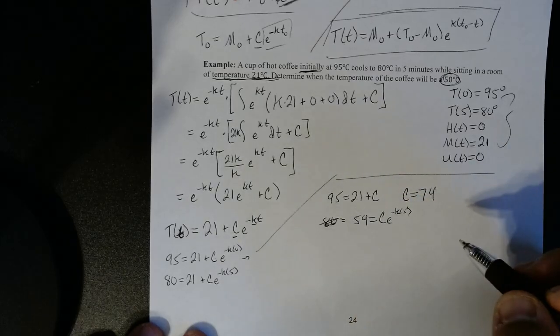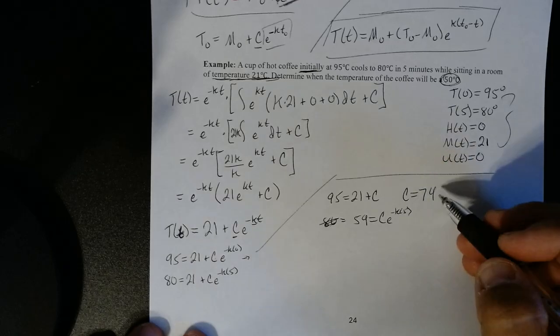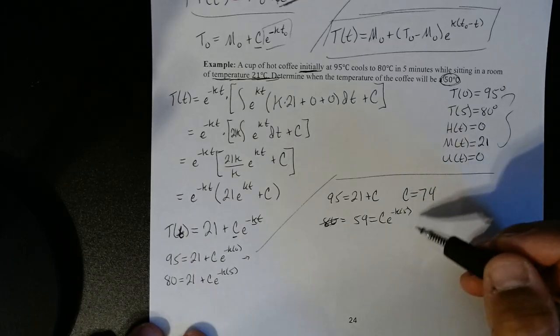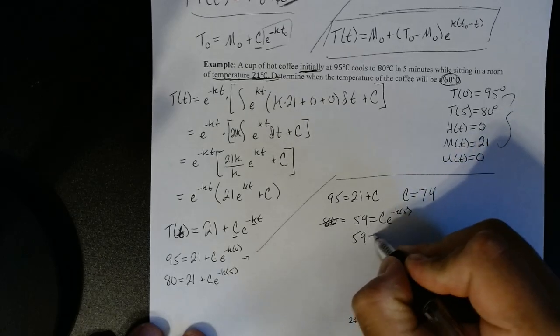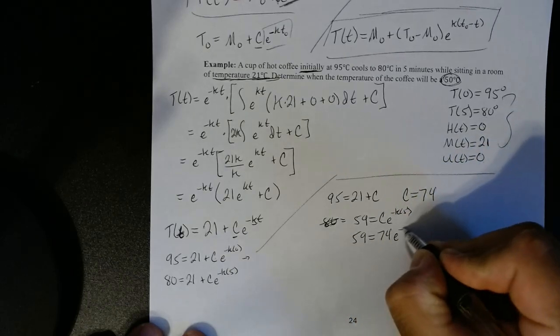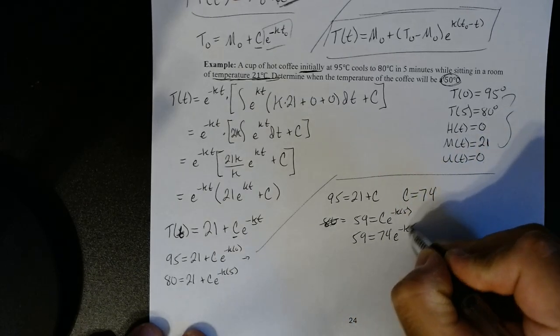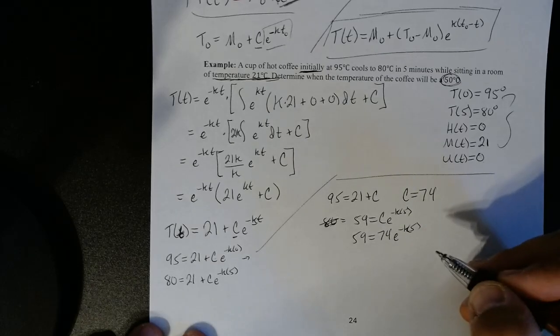Taking the natural log of both sides, or actually, we could just plug this in already. So let's plug in what C is already. Dividing by 74.